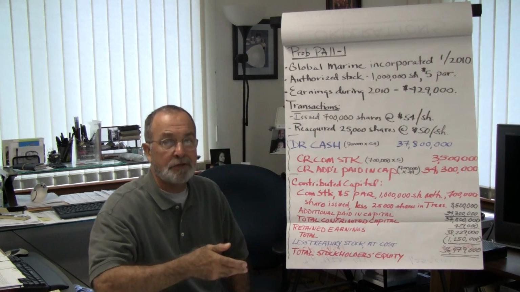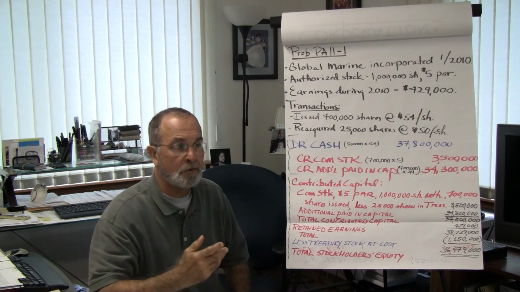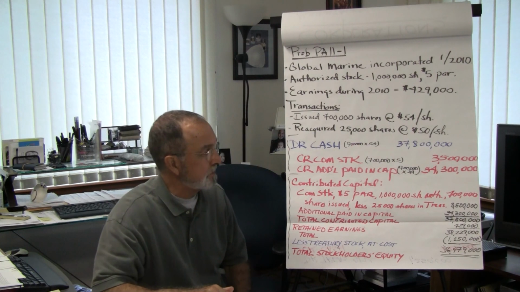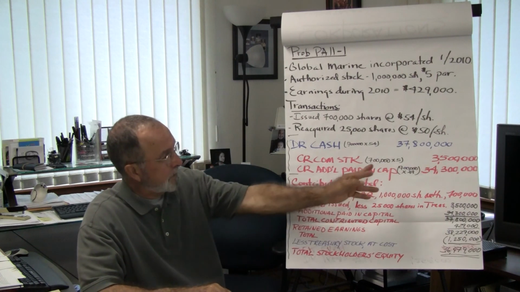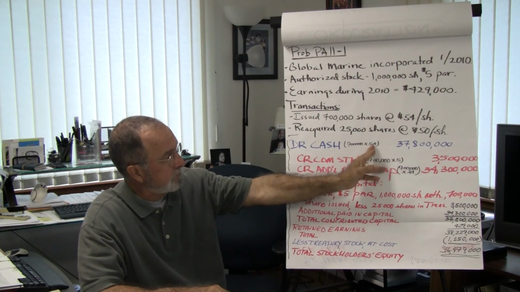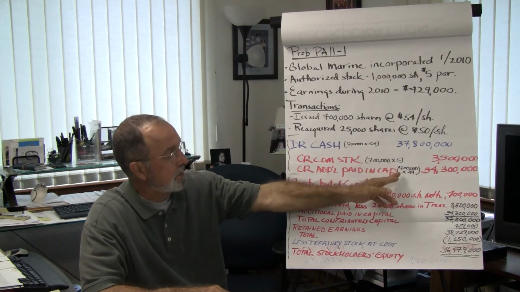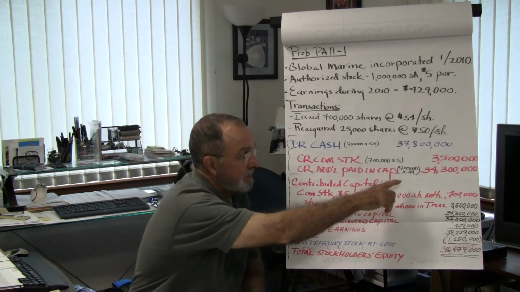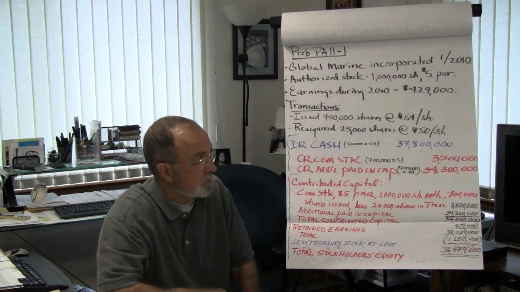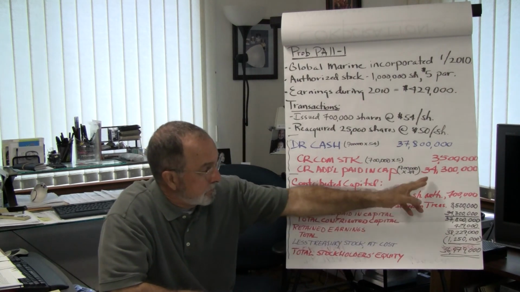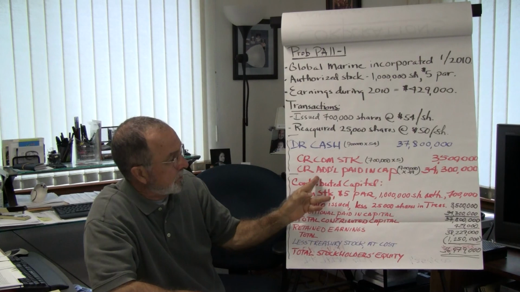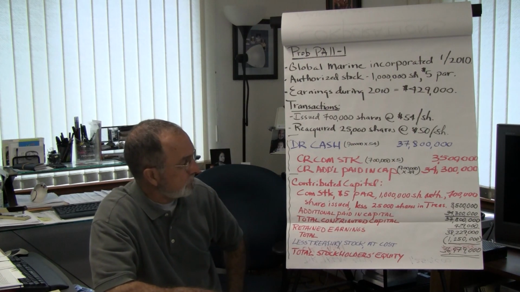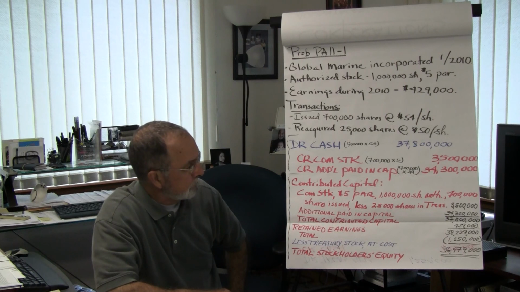And you could add to that account title if you wanted to, in excess of par. That's basically what it is. So we would subtract par from the price, $54 minus 5, and that gives us $49. And then we multiply $49 times the 700,000 shares to get the amount of this credit to the additional paid-in capital account, $34,300,000. I hope that makes sense.